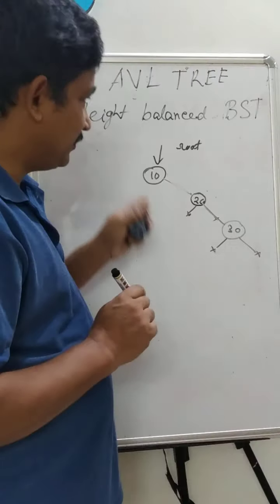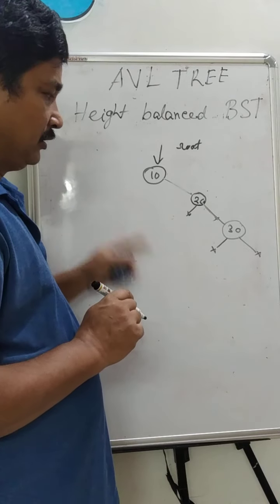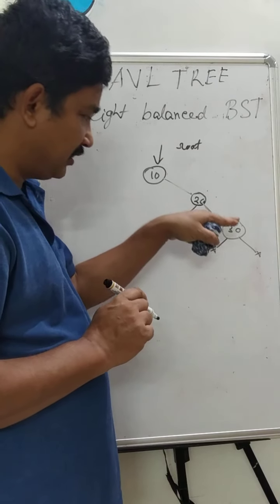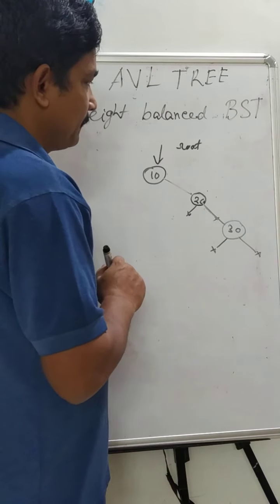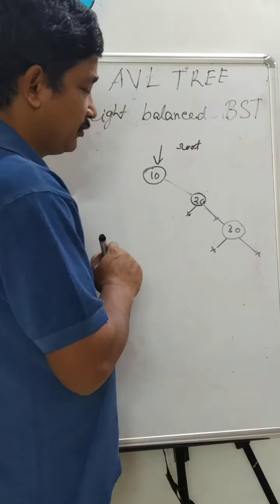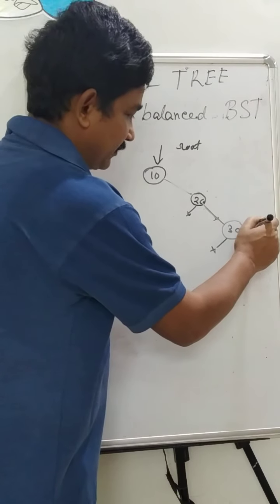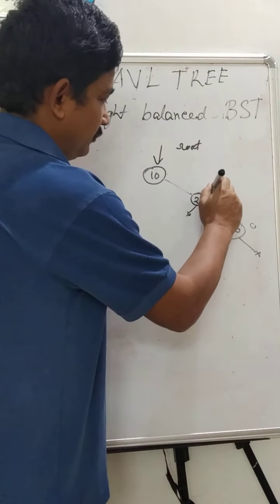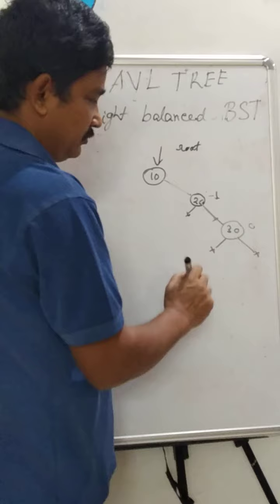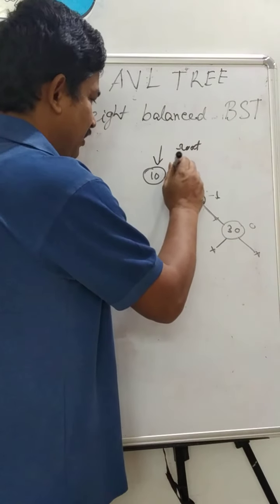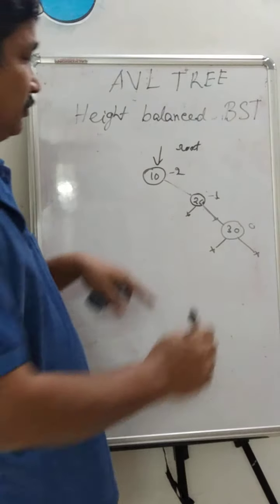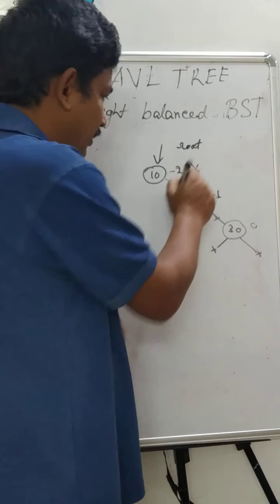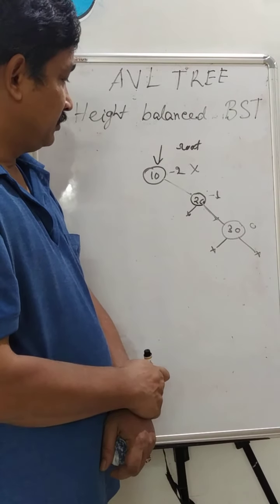But this is an AVL tree. So after putting the 30 in its position, let us calculate the balance factors of the nodes. The balance factor of this one is 0. This is -1, still valid. But the balance factor of this one is -2. This is not inside the recommendable range of balance factors.